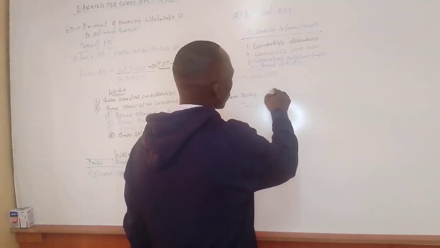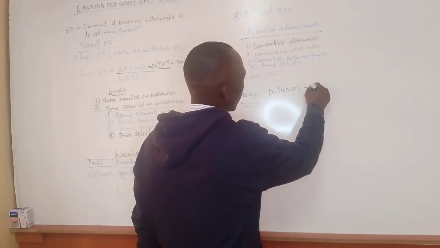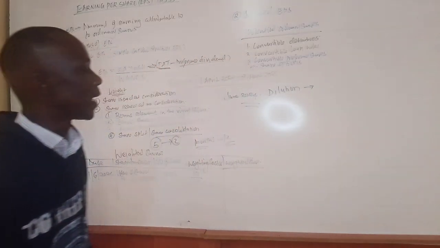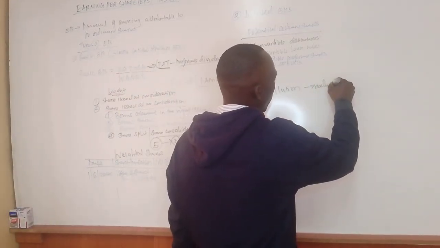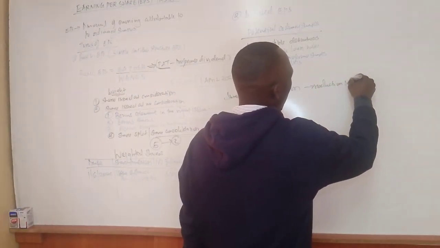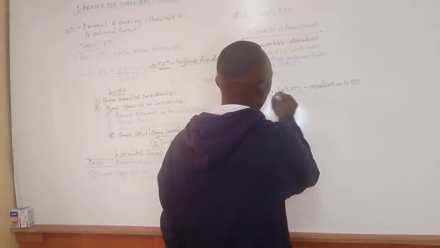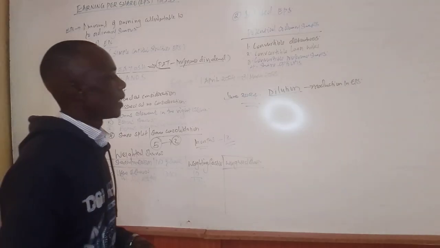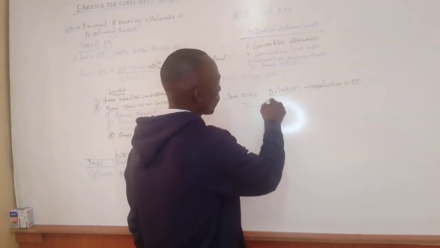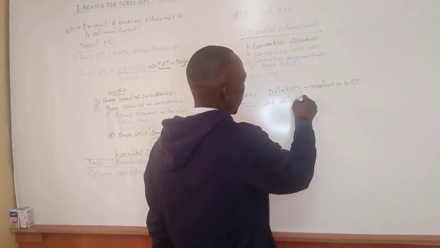And when we talk about the dilution, this is the reduction in EPS. When we talk about the reduction in EPS, we normally say that there is a dilution. Also, we have another word known as the anti-dilution.